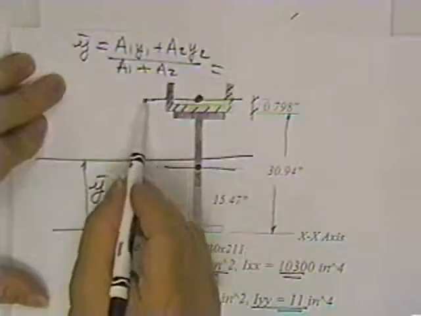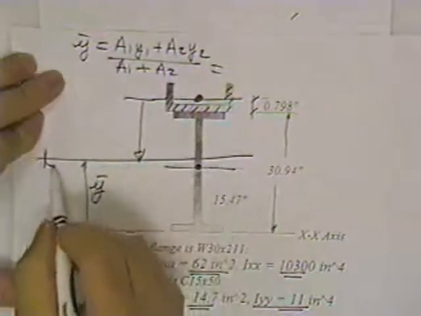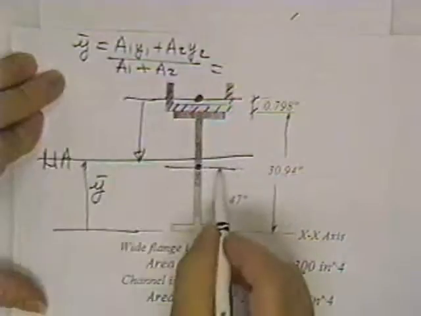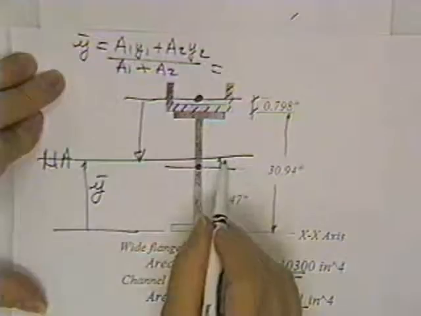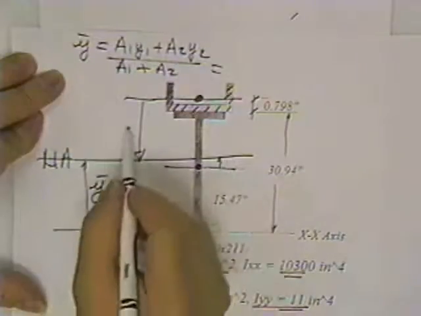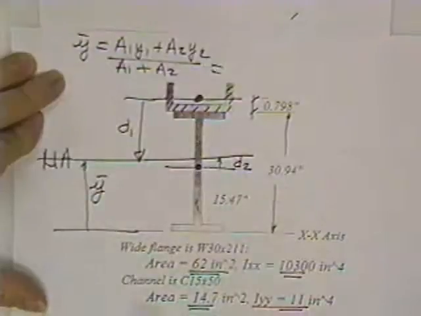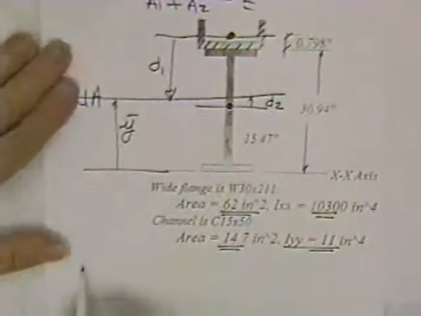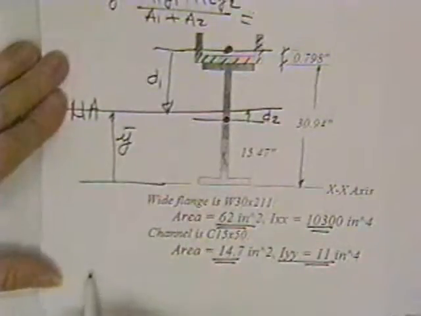Once you know Y bar, you'll be able to find out how far that guy is away from the neutral axis, and how far this guy is away from the neutral axis. This one would be called D1, this one would be called D2, and you simply plug in the same equation. You'll work out 4 moments of inertia.